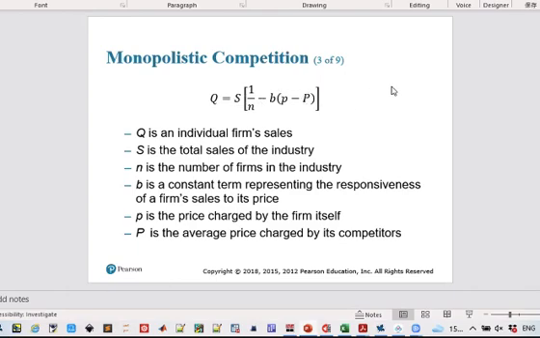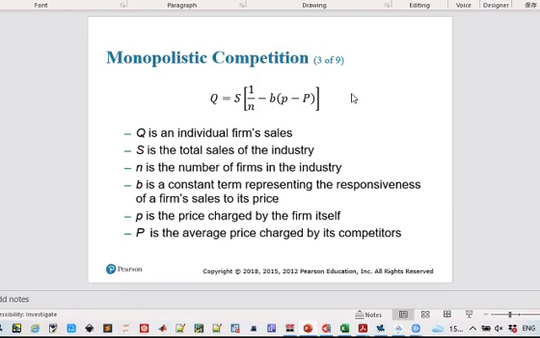You just put the P outside. And then you will have S over N plus SB multiplied by capital P. And then you minus little SB p outside.